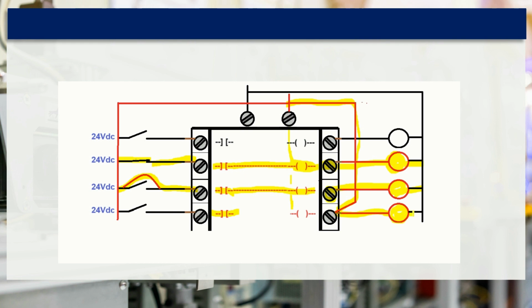The PLC has no idea that a jumper's been put on the outside. So it's not going to resolve this. As far as it's concerned, it's still examining the condition of this switch. If that switch is open, it's not going to turn this on.